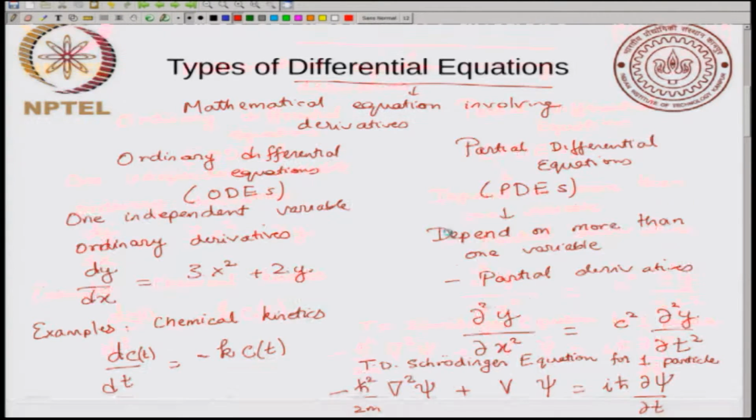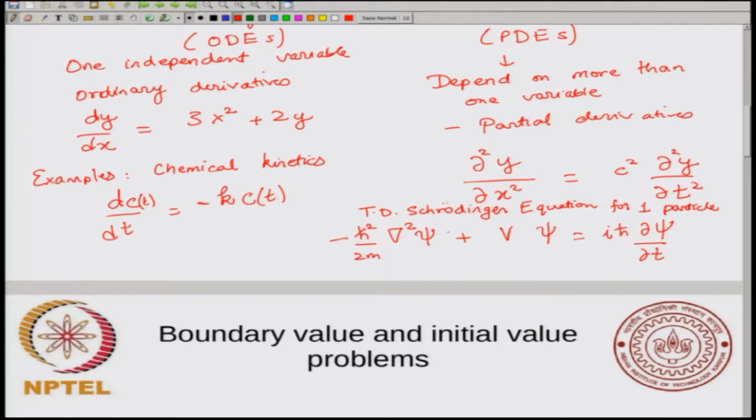In this case psi is the variable, and psi is a function of both r and t. r is a 3-dimensional spatial coordinate, and t is time. I am not showing the dependencies, and similarly V is also a function of r. This is the time dependent Schrodinger equation for a single particle, and there are many such equations. You can also write the time independent Schrodinger equation, I will not bother with doing that here.